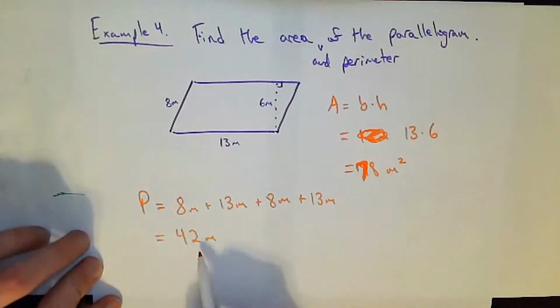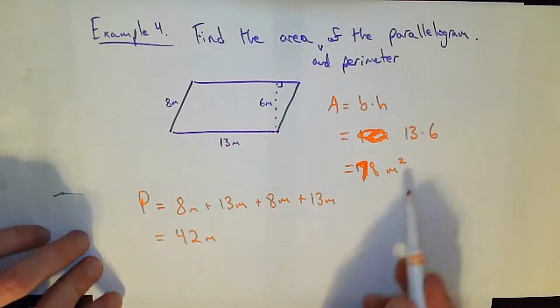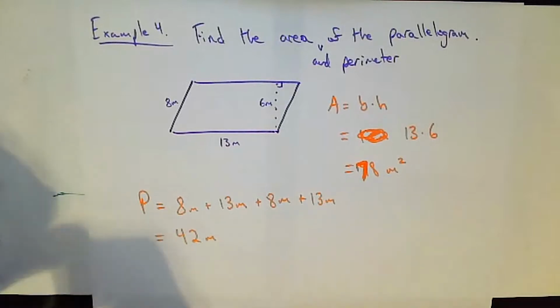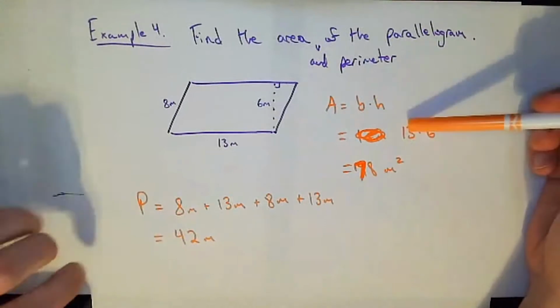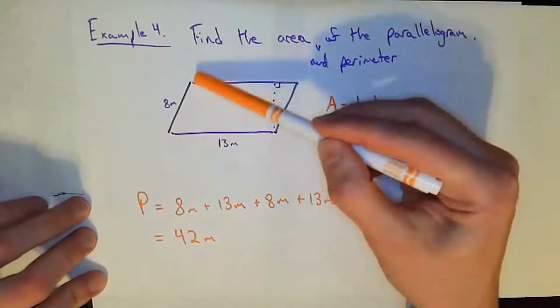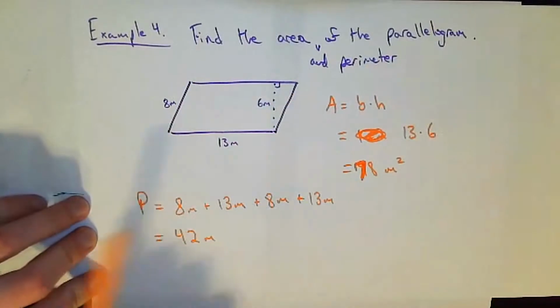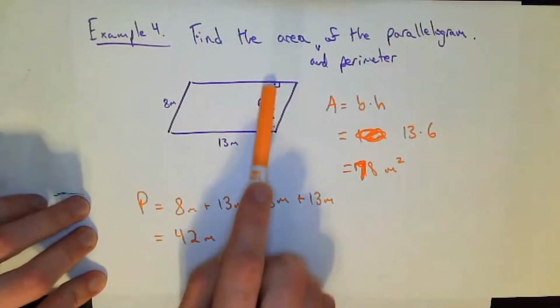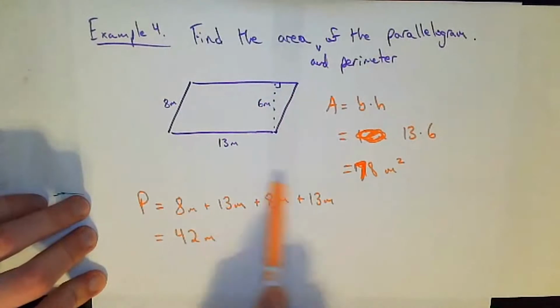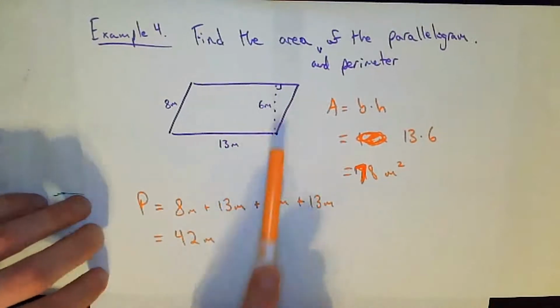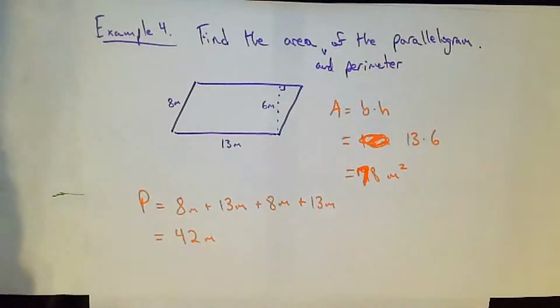Not square meters, right? Perimeter is just measuring a length, not an area. So 42 meters. So note that finding area, slant lines do not get involved. Finding perimeter, they do get involved. And that interior side does not get involved. You don't see any 6s here because the interior side does not count for perimeter.